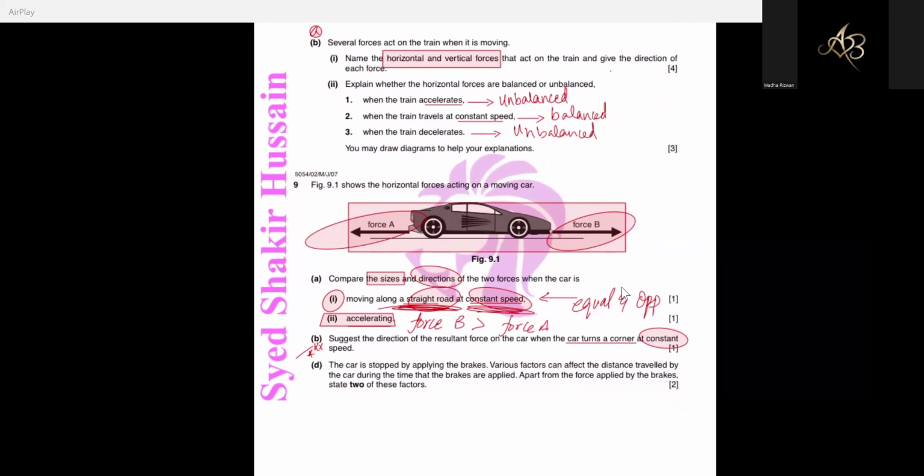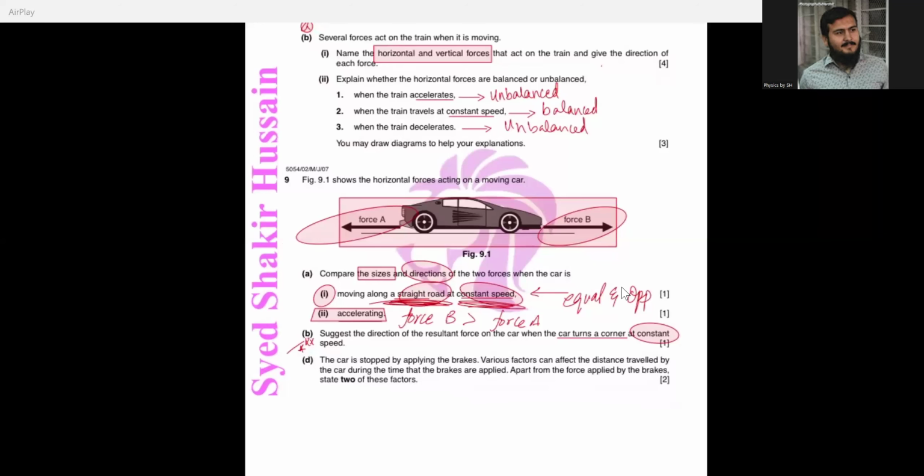All right. Suggest the direction of the resultant force on the car when the car turns a corner. A car is taking a turn at a corner. What would be the direction of the resultant force?